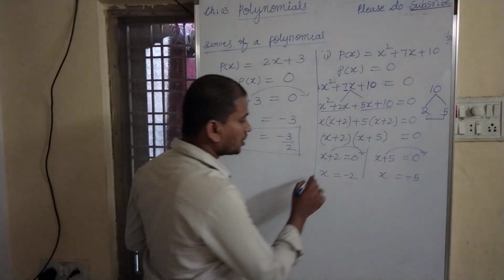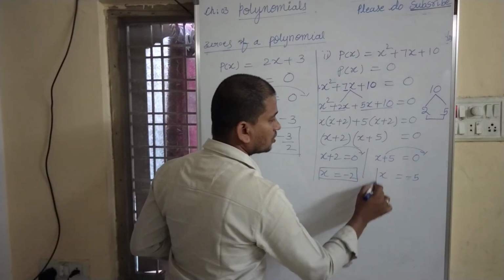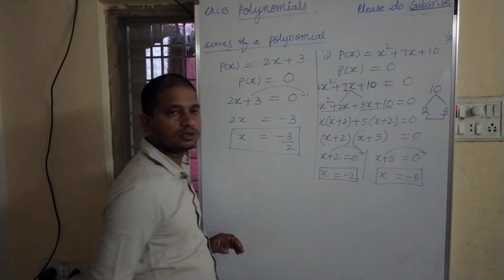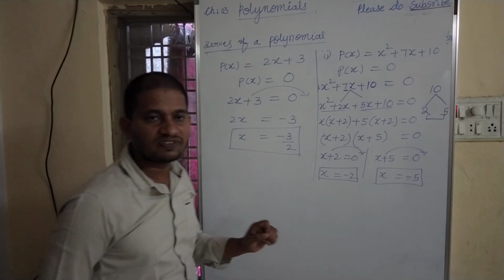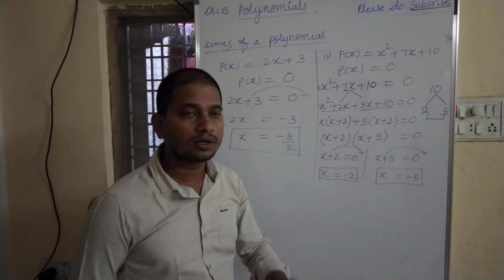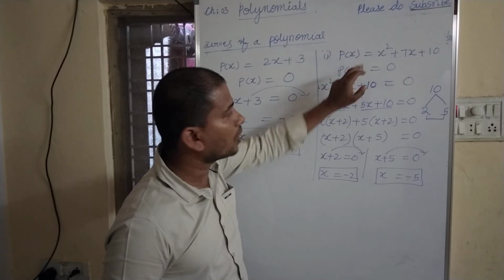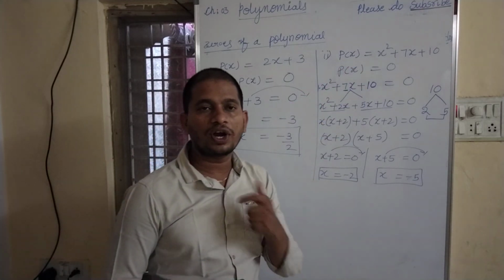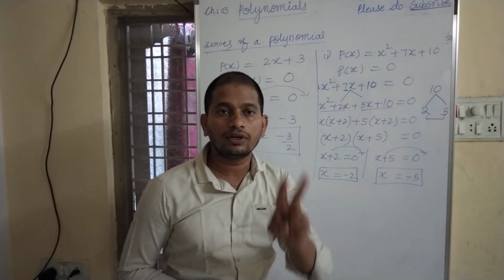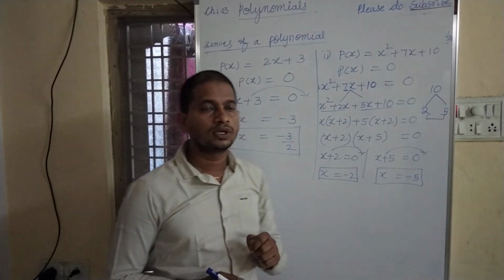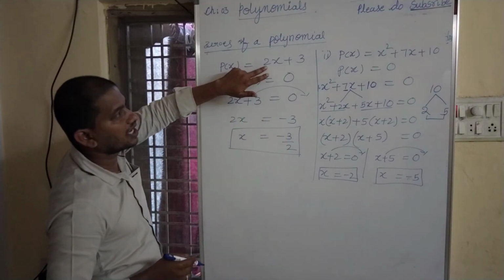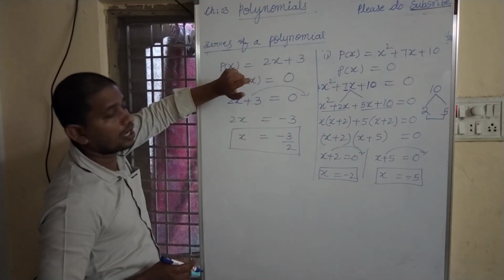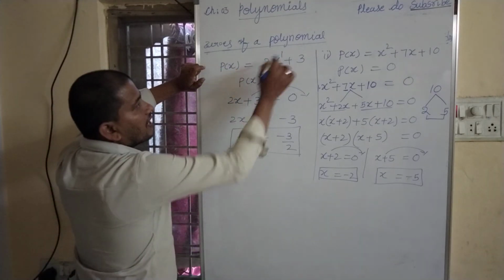How many zeros did we get? We got 2 zeros: x equal to minus 2 and x is equal to minus 5. We got 2 zeros because it is a quadratic polynomial. For a quadratic polynomial, you will get 2 zeros. And what about 2x plus 3, which is a linear polynomial, because its degree is 1?